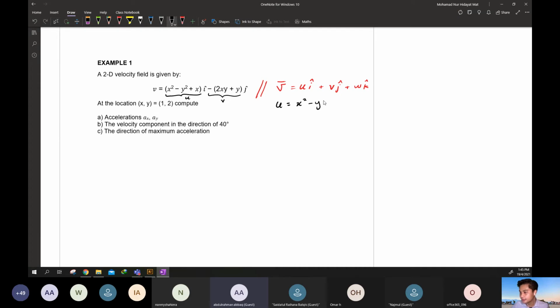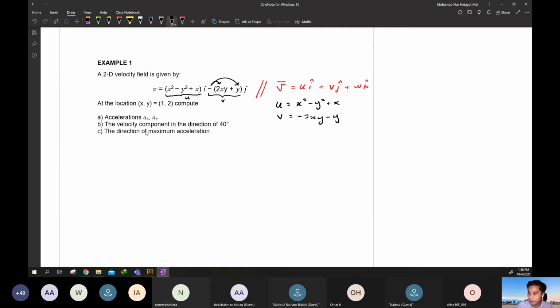Yes, and this is v because this is the velocity in the y direction. We need to take negative 2xy, negative 1. This one we try to solve and open the bracket.